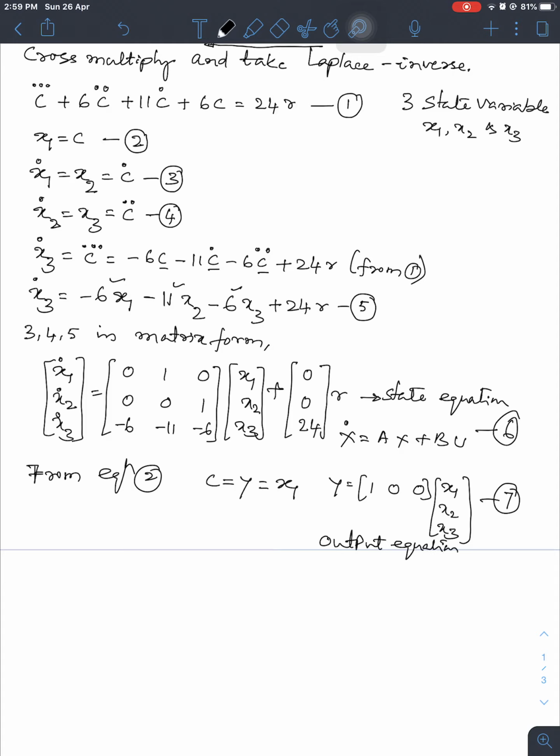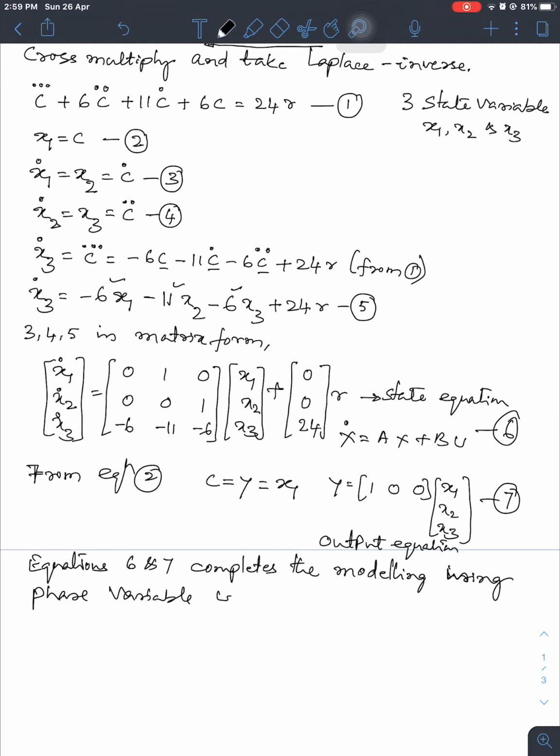So equation 6 and equation 7 complete the modeling using phase variable form, using phase variables, with matrix A, or state matrix, in companion form.